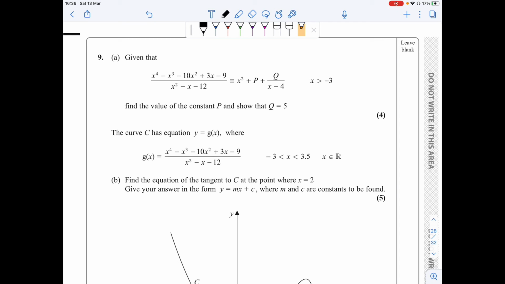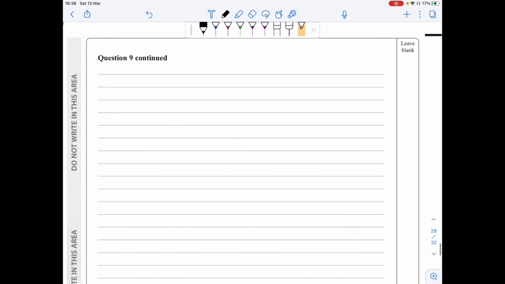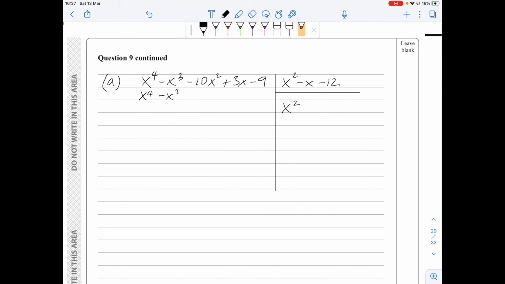In part A of this question, I will have to do long division: x⁴ - x³ - 10x² + 3x - 9 divided by x² - x - 12. Now x² into x⁴ goes x² times. I've got x⁴ - x³ - 12x².